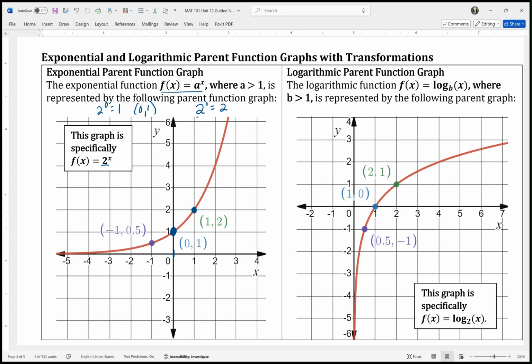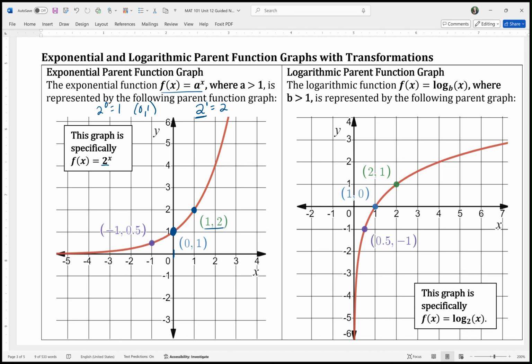So whatever the base is, if your x value is 1, your y value is that base. So in this case, that would be 1, 2. If that base was 3, this would be 1, 3. If it was 4, it'd be 1, 4, and so forth, okay? So you would see it going up taller and taller and taller. All right, so that's the general form and the basic shape of our exponential parent function graph.